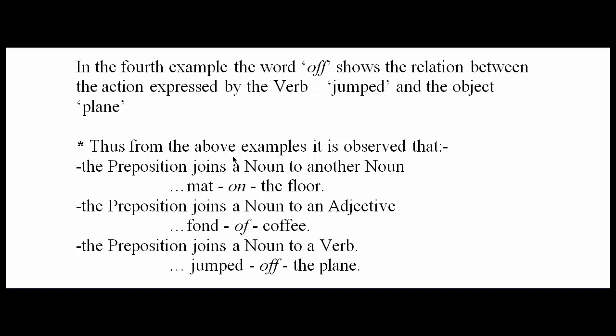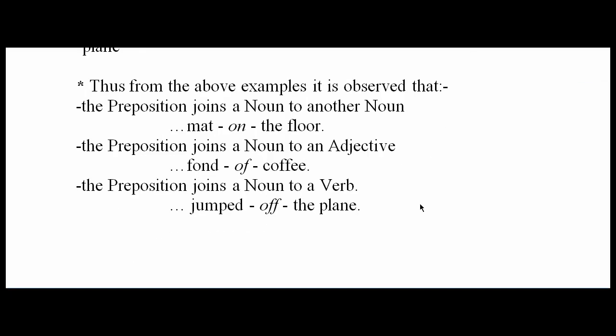Thus, from the above examples, it is observed that the preposition joins a noun to another noun, as in the first example. The preposition on joins the noun mat with another noun, the floor.